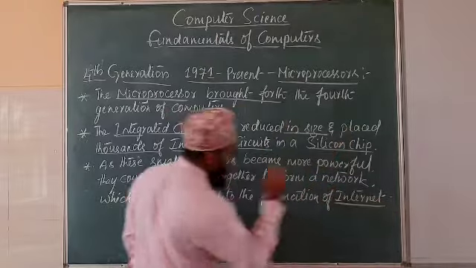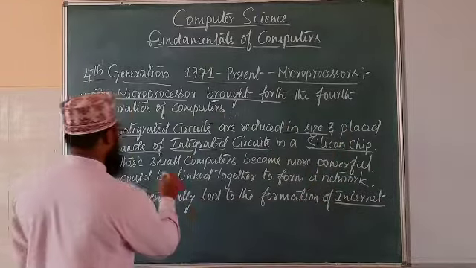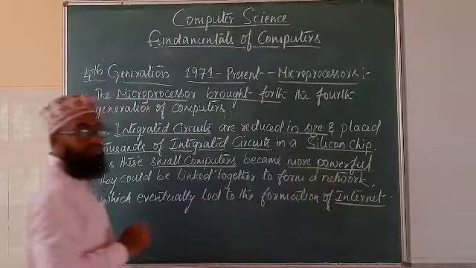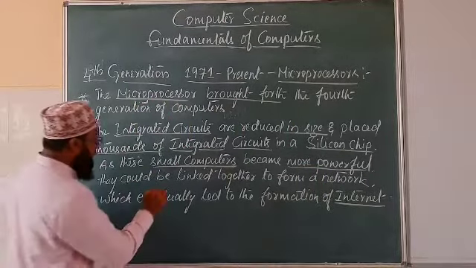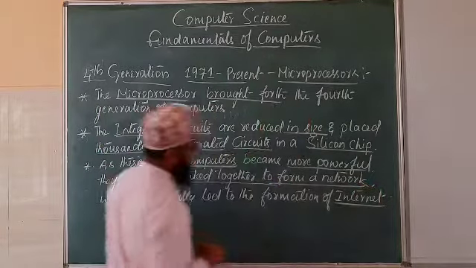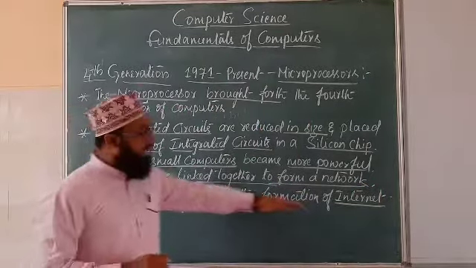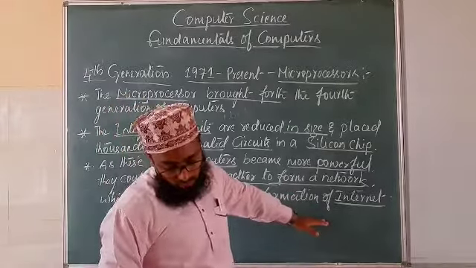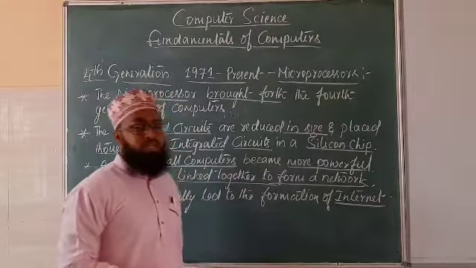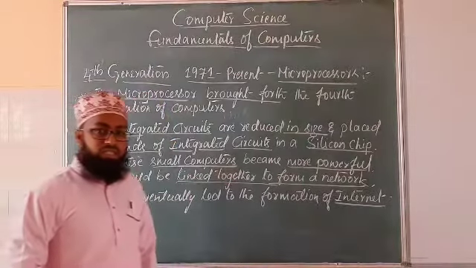This is the thing which we are using. They are small computers, they are more powerful, and if they are linked together to form a network, it eventually led to the formation of the internet, or in other words, the development of the internet.